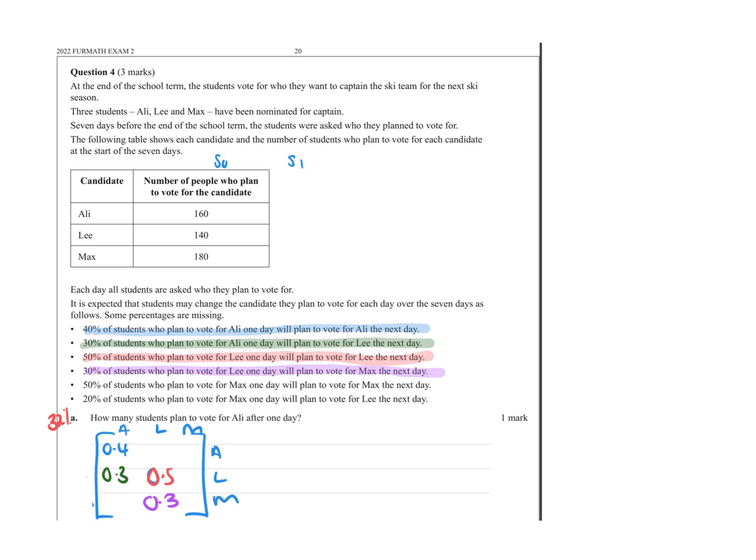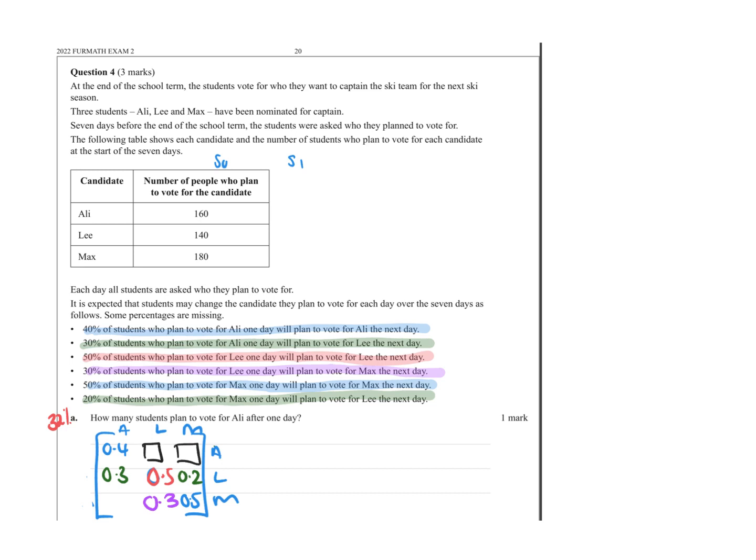And just circling back with the colours, 50% who vote for Max vote for Max the next day. So Max to Max, 50%. And then the last one, they said 20% of Max vote for Lee. So Max to Lee, 20%, so that was 0.2.